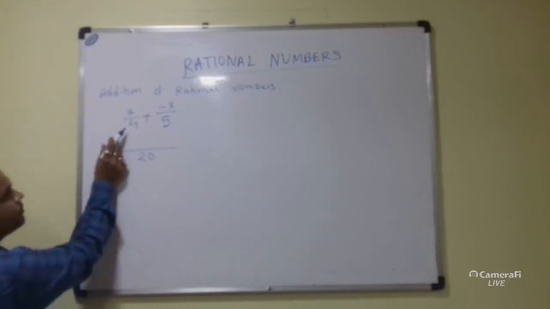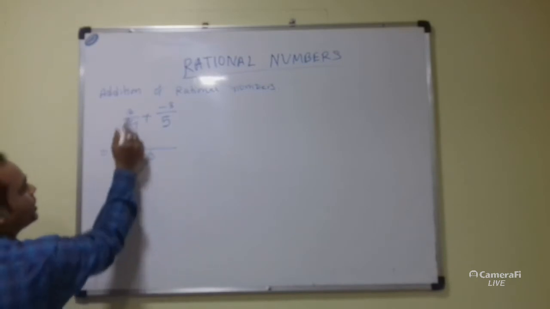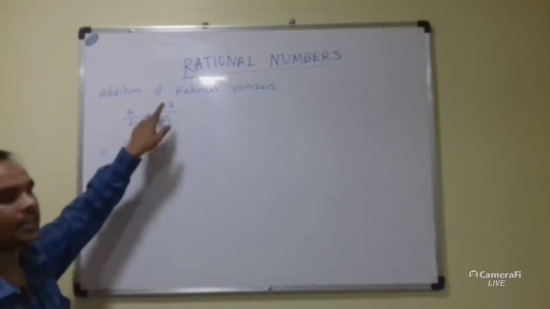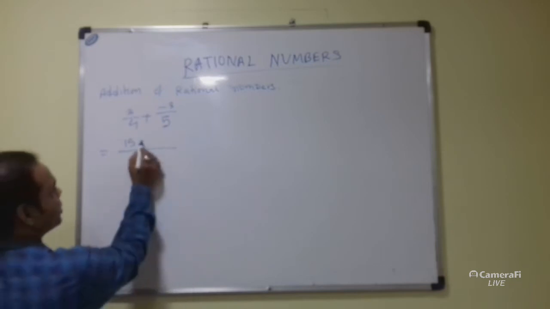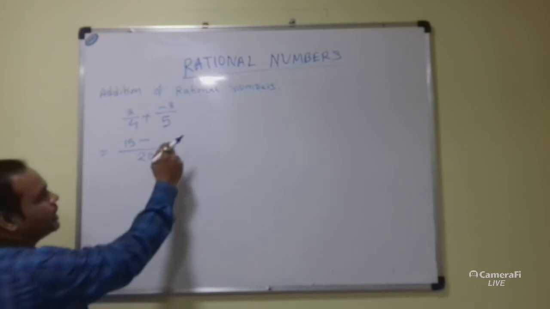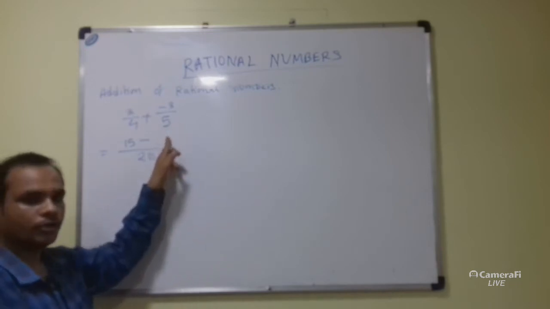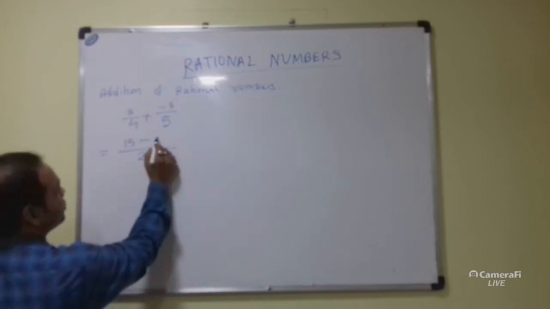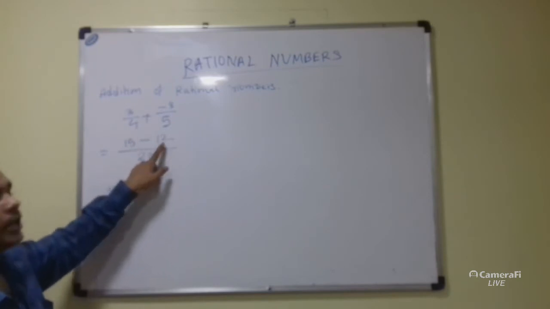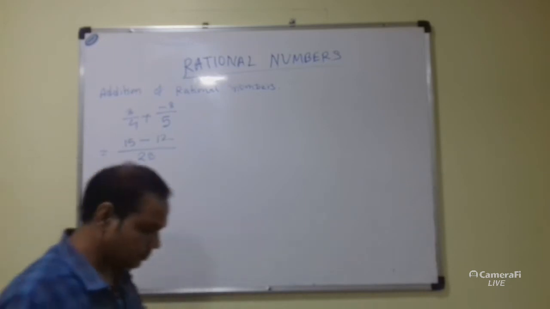When we divide 20 by 4, the quotient is 5, and 5 times 3 is 15. This sign is positive and this sign is negative, so positive times negative is negative, because plus times minus is minus. Similarly we divide 20 by 5, which is 4, and 4 times 3 is 12. Therefore the answer will be 15 minus 12, which is 3. So 3/20 is the answer.